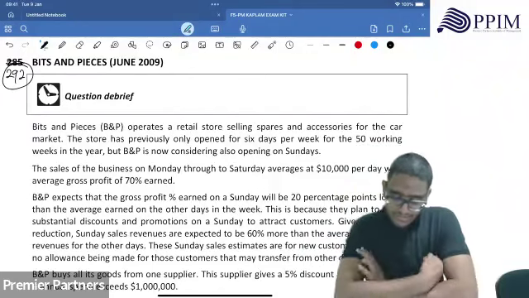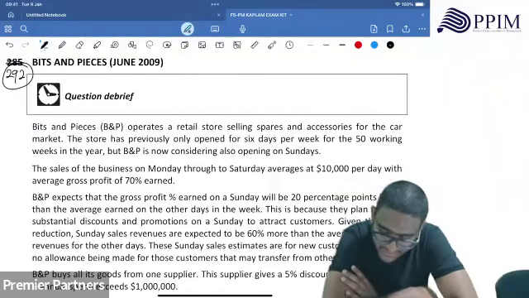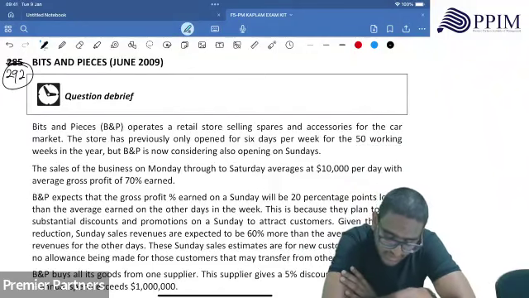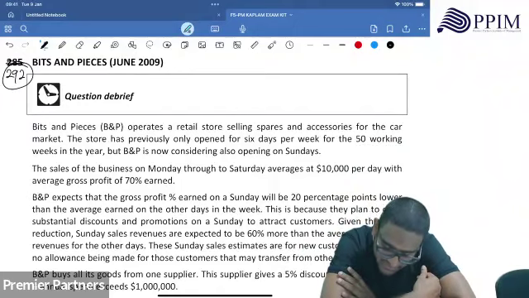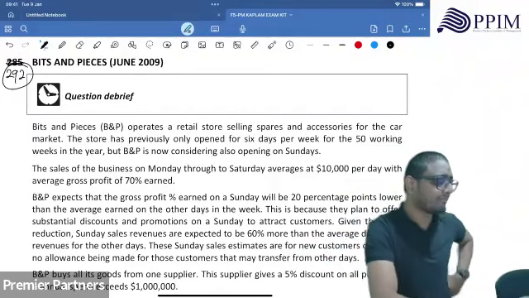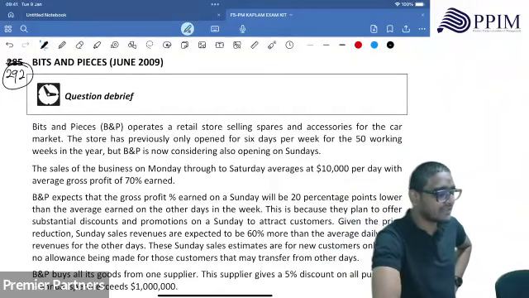Okay, so Bits and Pieces operates a retail store selling spares and accessories for the car market. The store has previously only opened for 6 days per week for the 50 working weeks in the year, but BNP is now considering also opening on Sundays. So this is the decision they are trying to make.